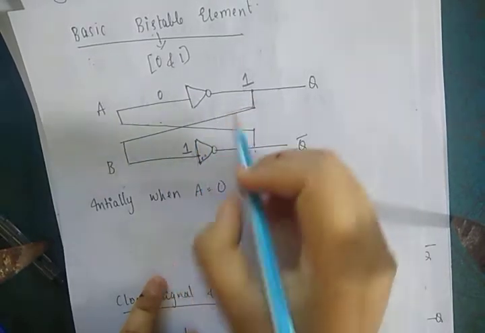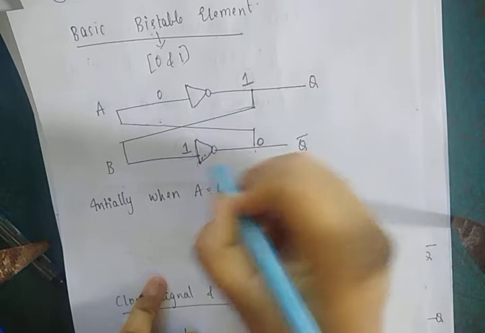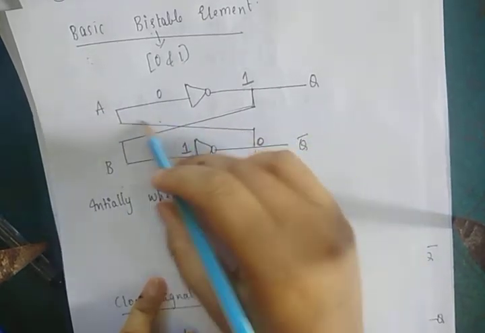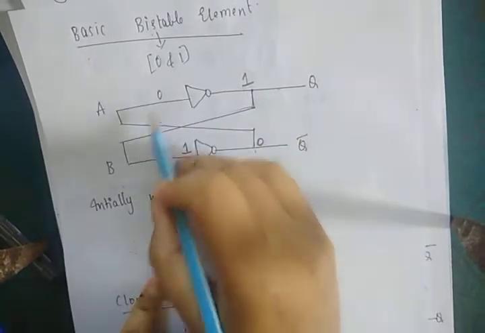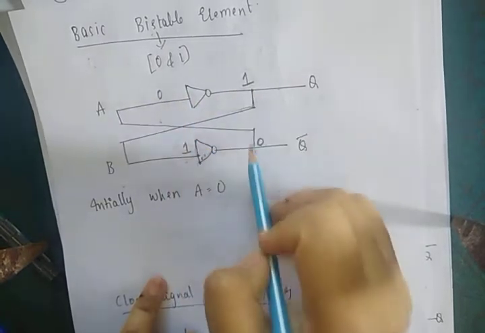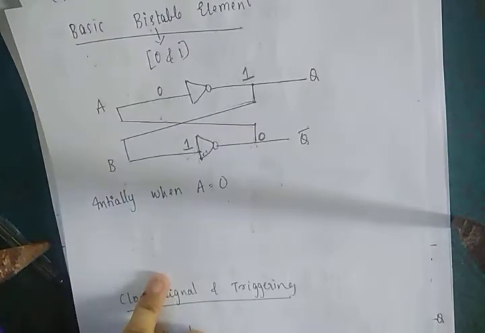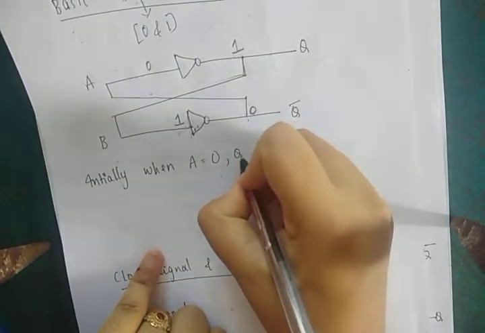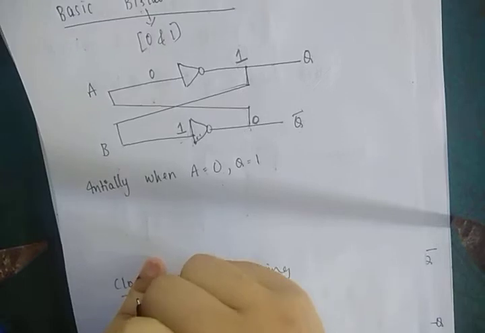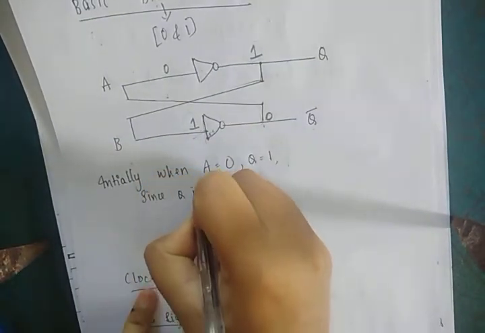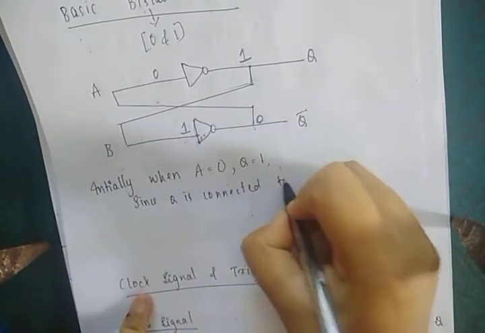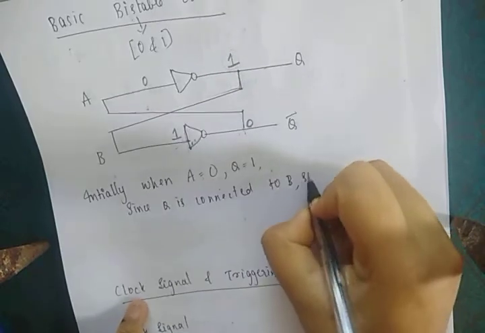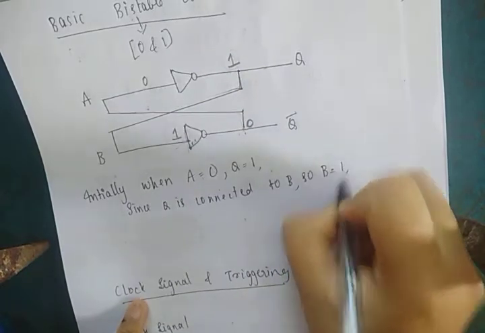Again I have a NOT gate, so what will I get as output? 0, it will invert. Finally this 0 is connected to A. So whatever input I gave, finally I get the same result. Meaning, when initially A is 0, Q will be 1. Since Q is connected to B, B is also 1.